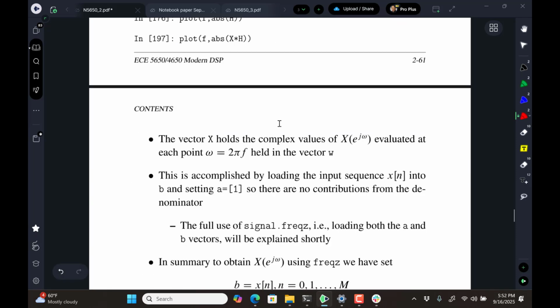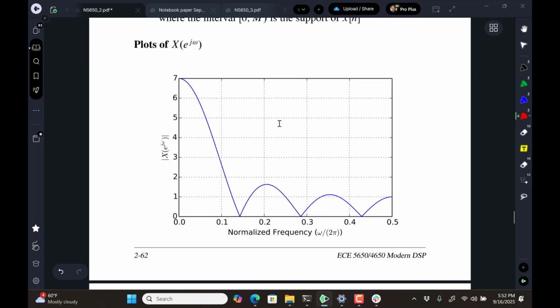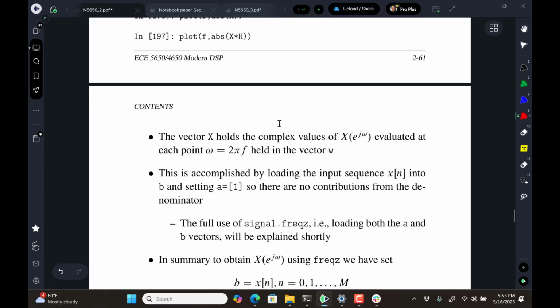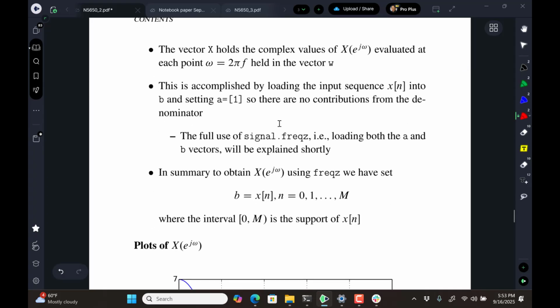So I do that picture, and there's what the magnitude response looks like. It looks like the moving average filter's frequency response magnitude. And then I can take the phase of that. What I'm really doing is using freq-z in a way that's a little bit twisted.